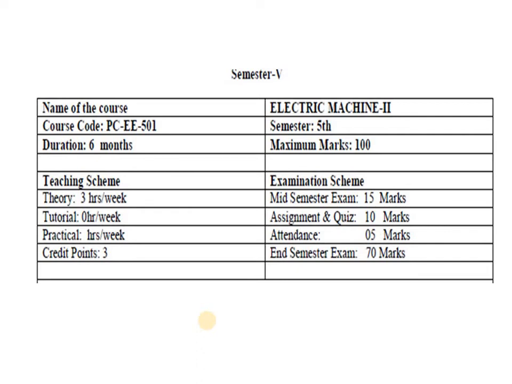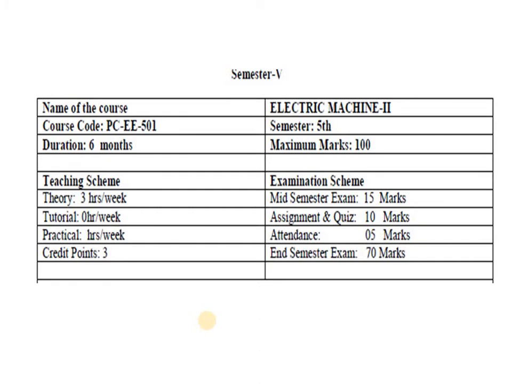and credit point 3. For evaluation in Knockout, we have decided to evaluate this course using a mid-semester examination and an end-semester examination along with some internal assessments. The mid-semester examination carries 15 marks, assignment and quiz carry 10 marks, attendance 5 marks, and the end-semester examination 70 marks.